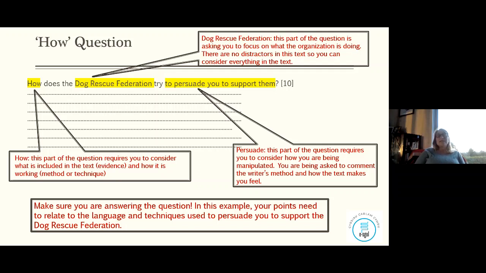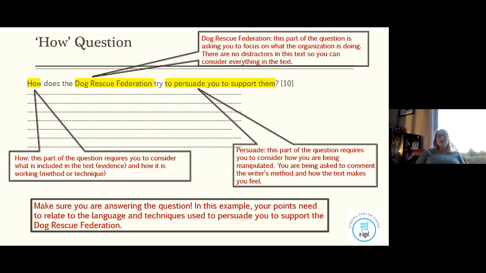I'll show you the slide in a moment, but the question is asking you to show how the charity is persuading you as a reader to support them.